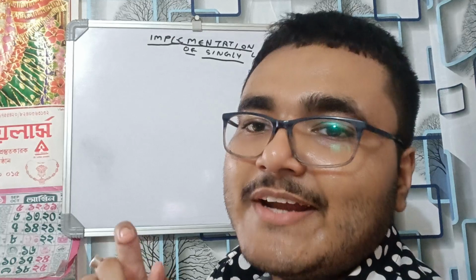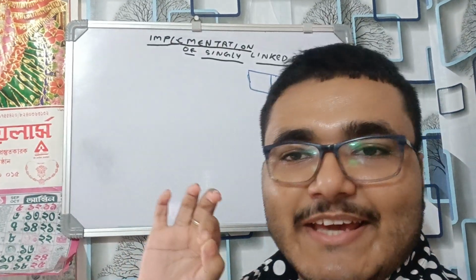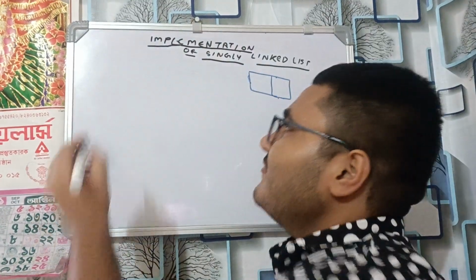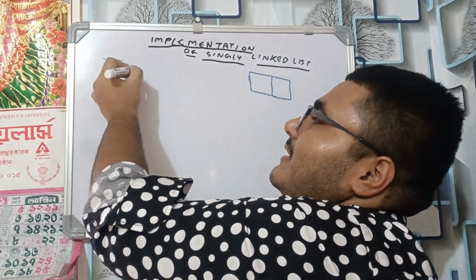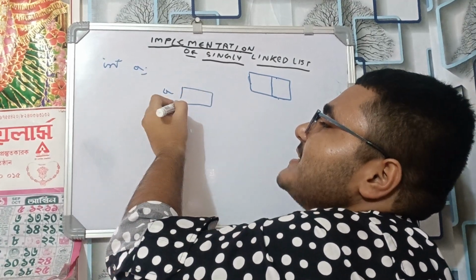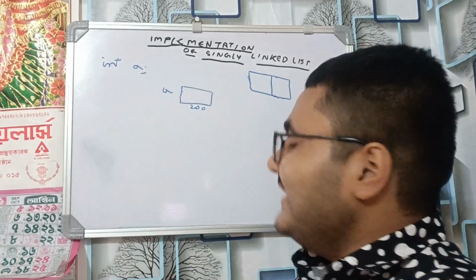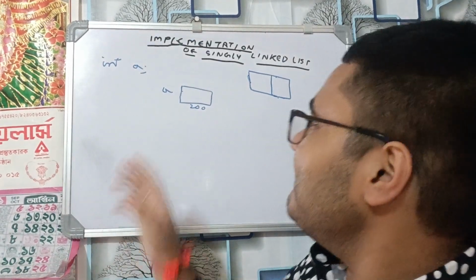Till now, the data types which we have used give us an address. Say suppose I have written int a, so I am getting a with an address of say 200. But what is the problem here?